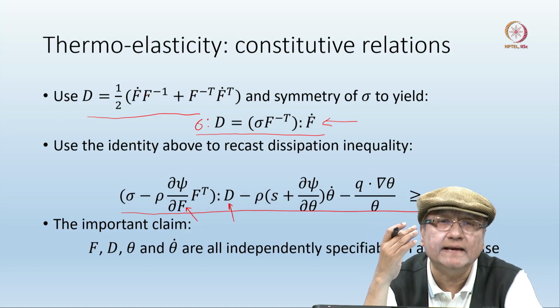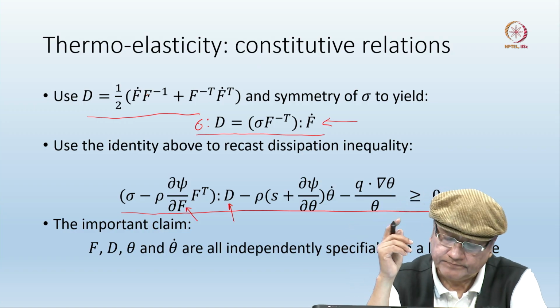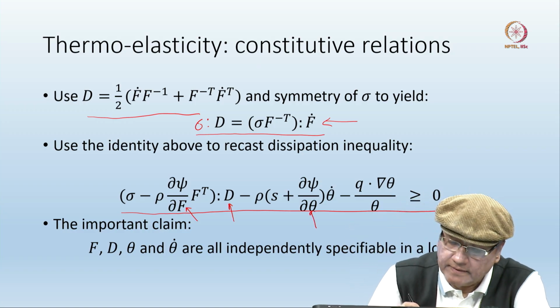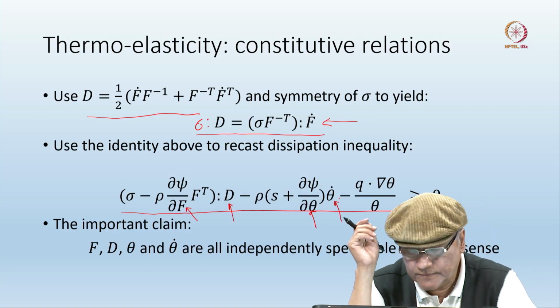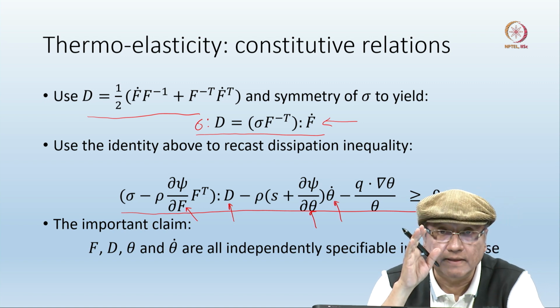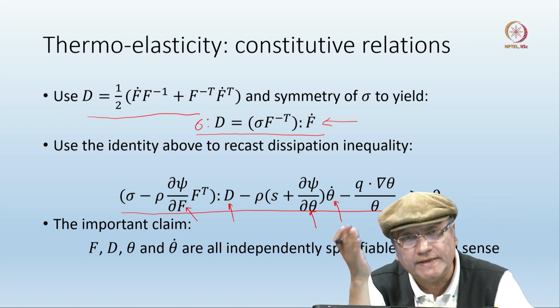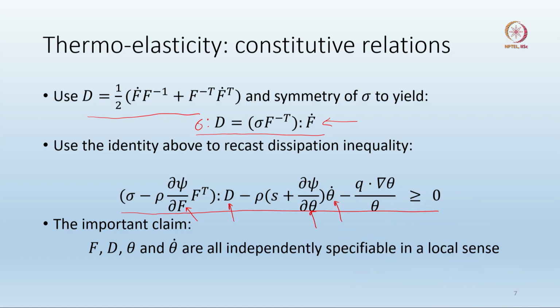So, at heart, physics-wise, d is the time rate of f. Here we have theta, here we have theta dot. Whenever you have a quantity like f or theta and the time rates, the important claim is that these can be specified completely independently.